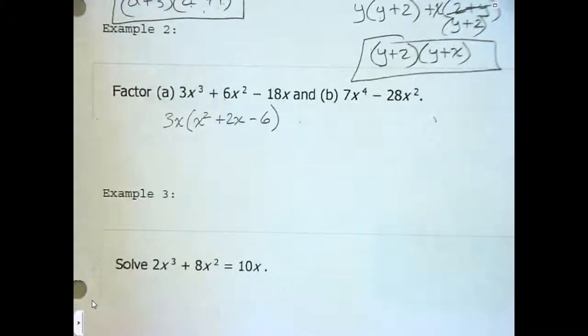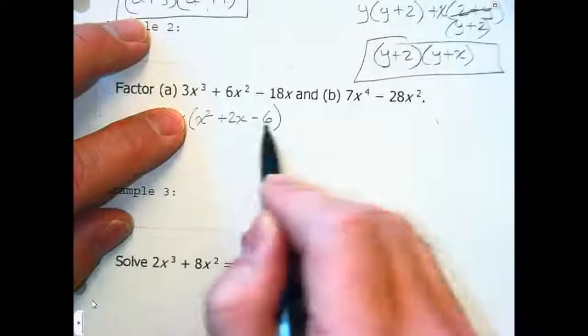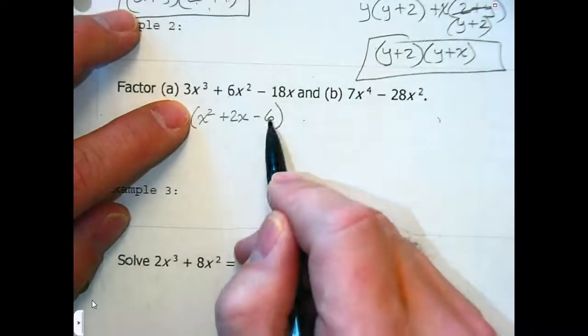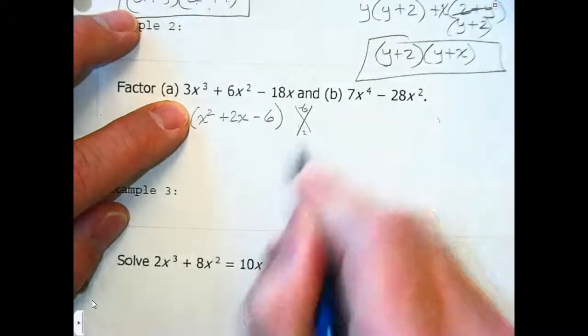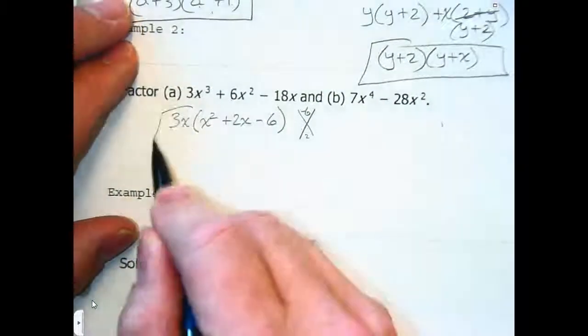There we go. We done? After you do that, you always have to see if you can factor any more. So can I ignore the 3x, can I factor the quadratic? Are there two things that multiply to make negative 6 and add to 2? 1 times 6? No. 2 times 3? No. So we are done.